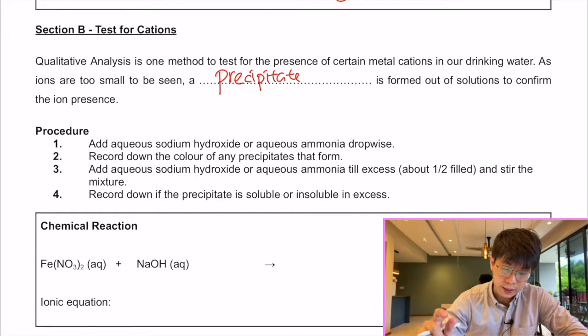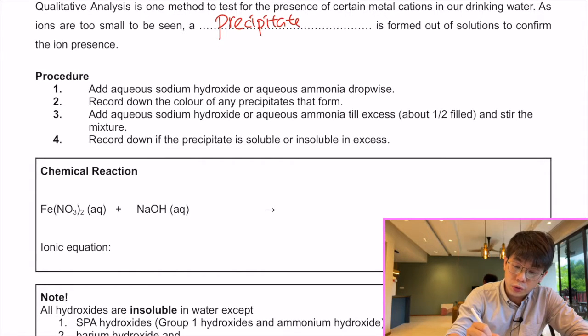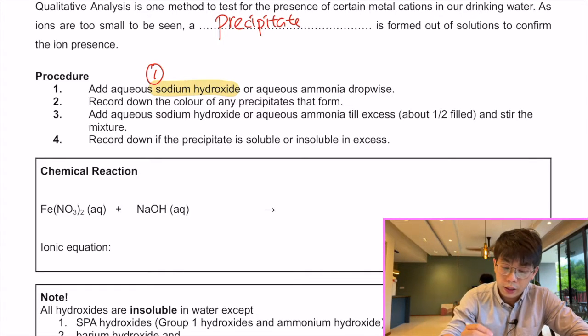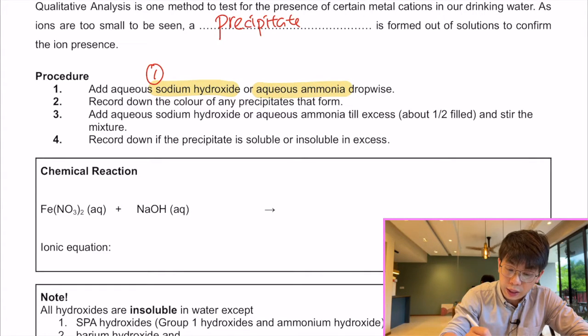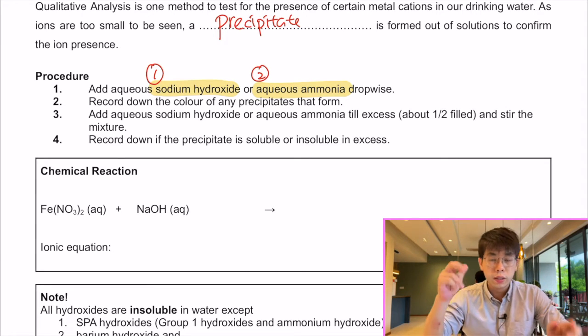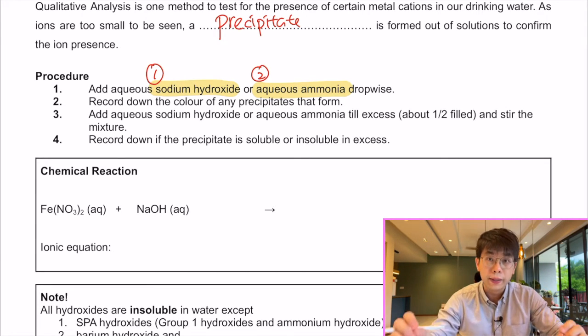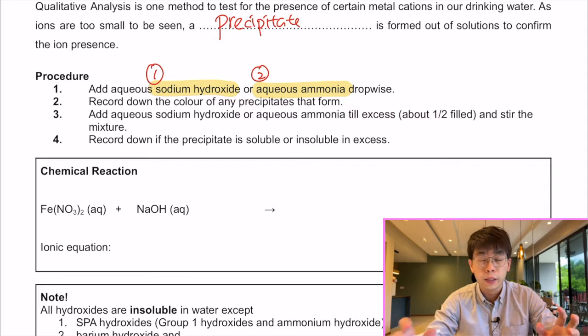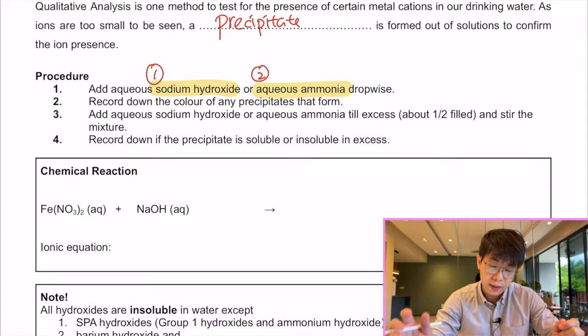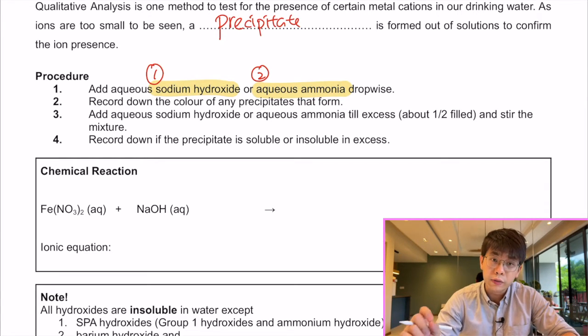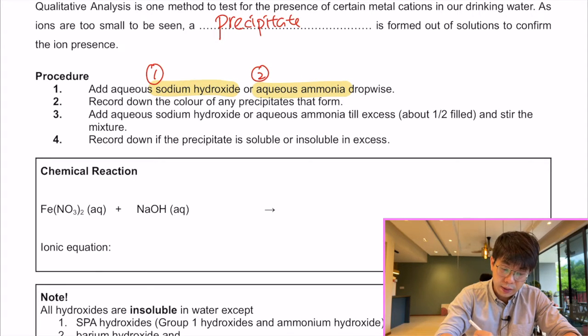So the procedure is as such. We can use either sodium hydroxide or aqueous ammonia, either or, though not two at the same time. You add it in first dropwise, and when it's added dropwise, it will first form a precipitate. You need to record down the color of this precipitate.